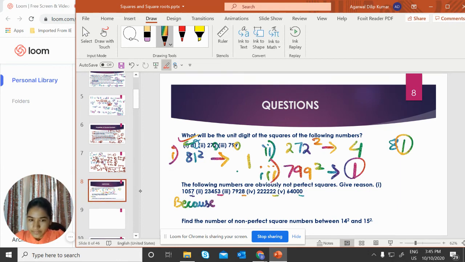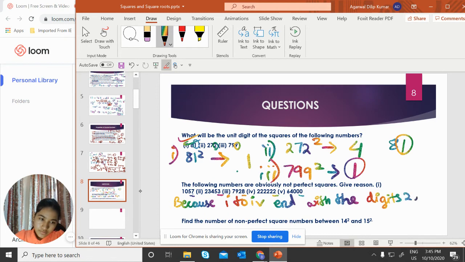Because the first 4 end with the digits 2, 3, 7, 8. First reason. Now there are 0s. If a number ends with 0, it can be a perfect square. But I had told you that there will be an even number of zeros in a perfect square.